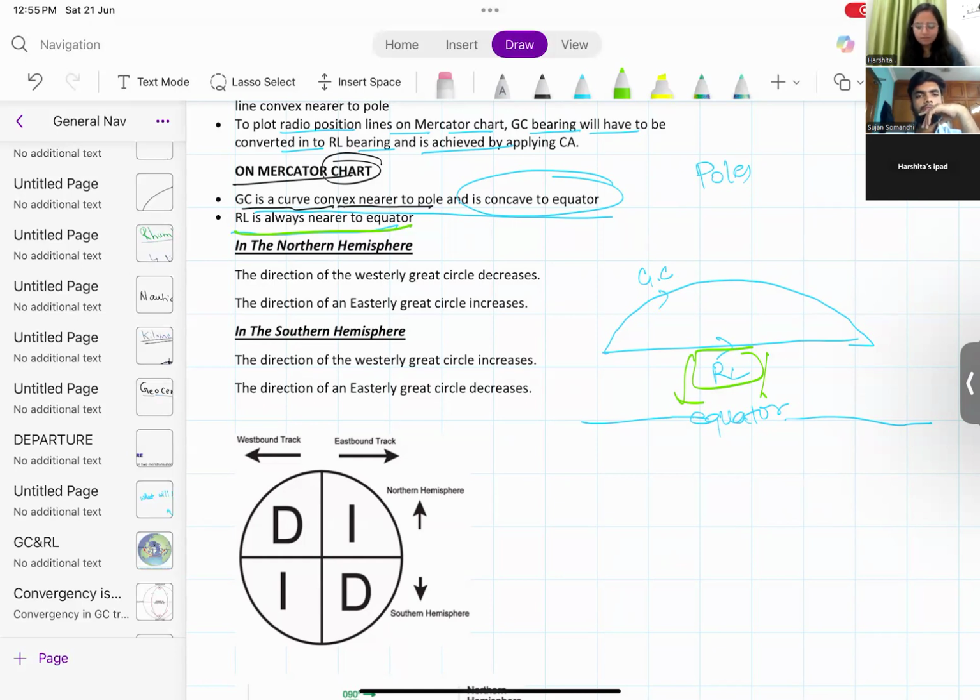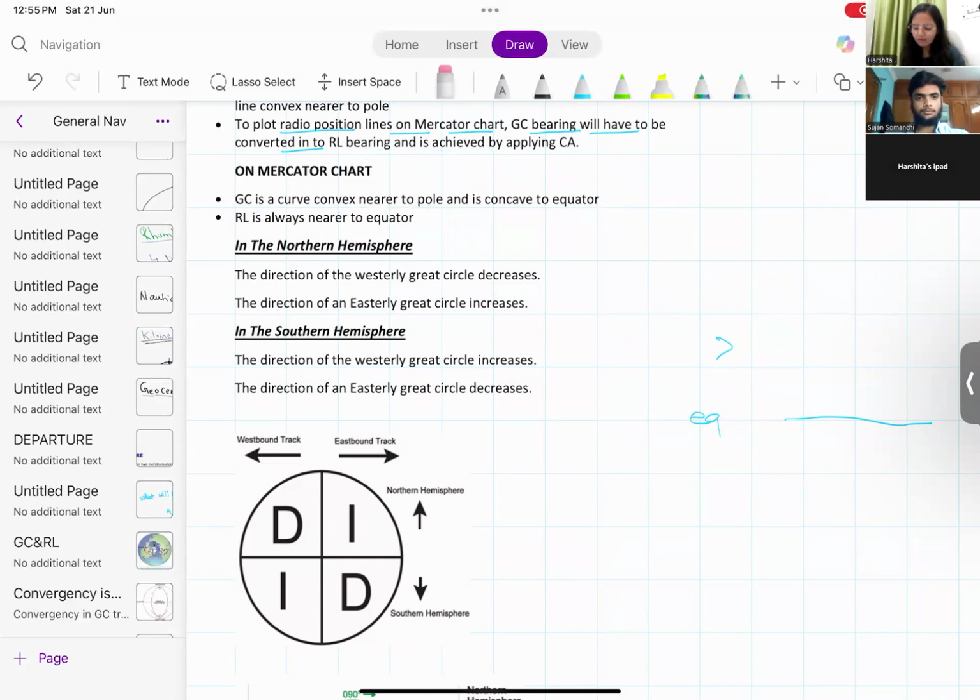Now, in the northern hemisphere, the direction of westerly great circle decreases. The direction of easterly great circle increases. This is very difficult language. Do you agree with me? Let's make it simpler.